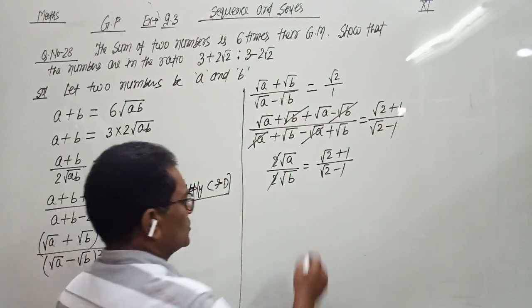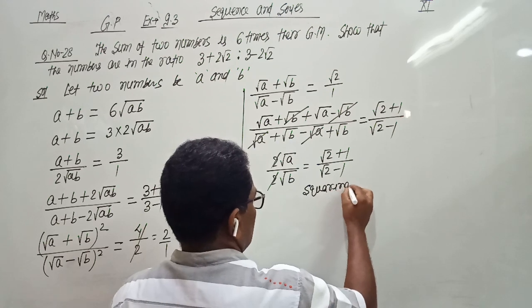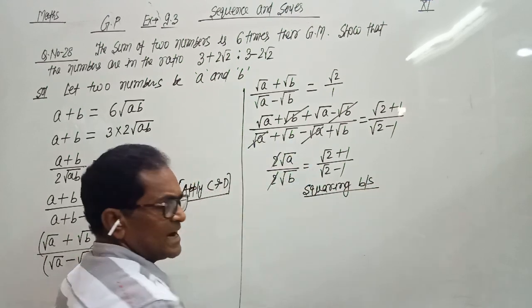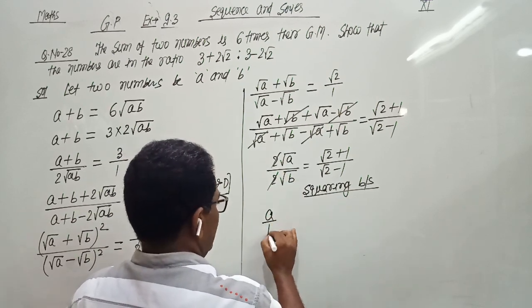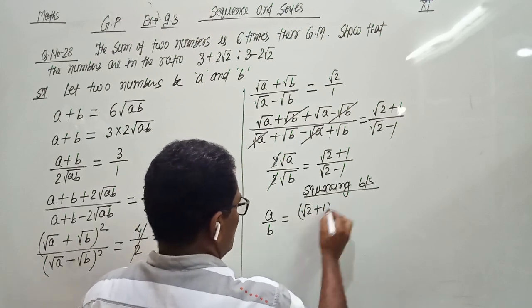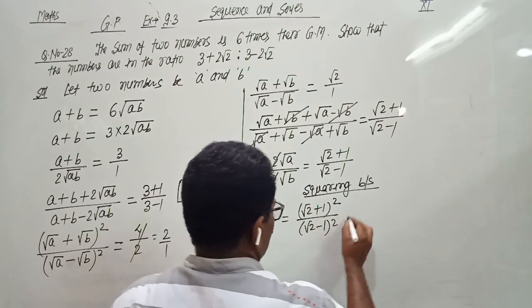Now squaring both sides. On the left side, the square and square root get cancelled. It becomes A by B. And on the right side it comes root 2 plus 1 the whole square upon root 2 minus 1 the whole square.